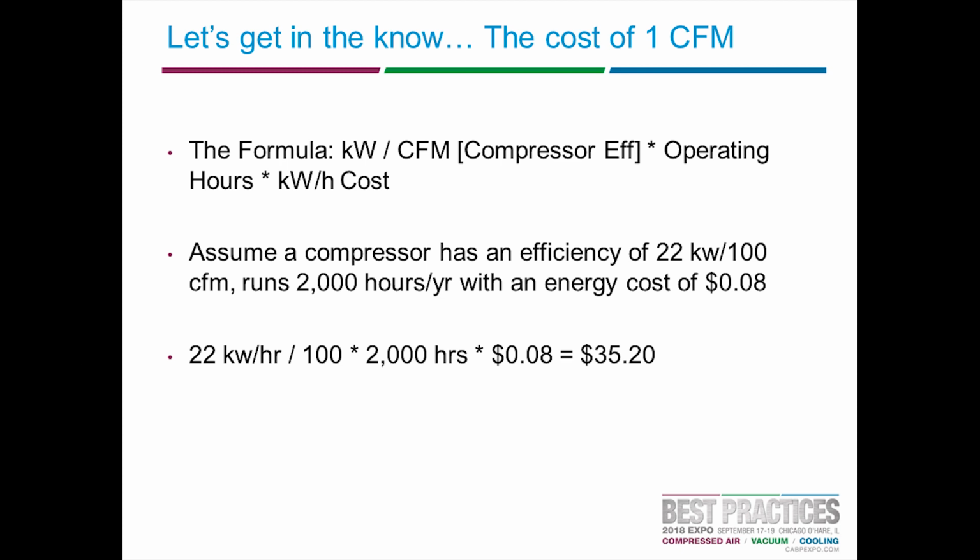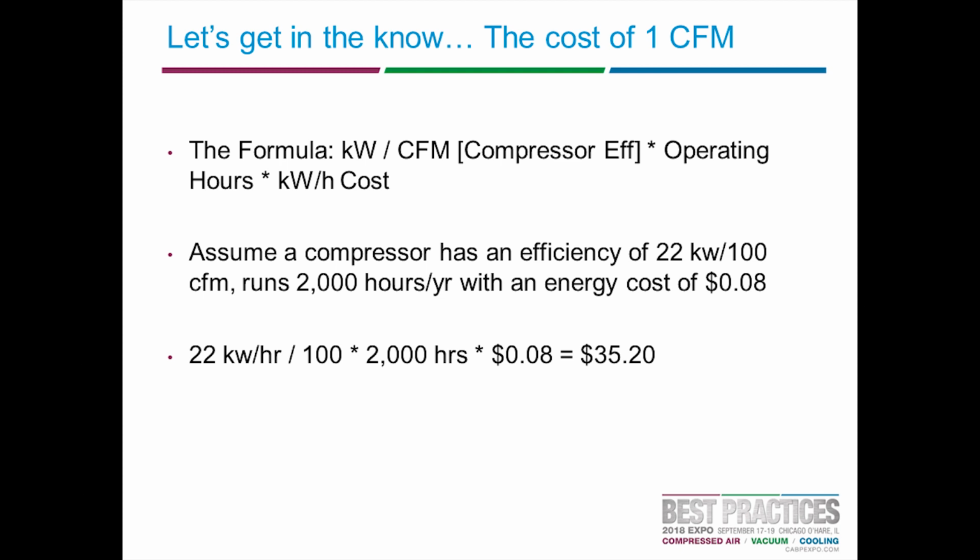If we take that efficiency number, which typically in a smaller system would range between 21 and 24 kilowatts per 100 CFM, and multiply it by the operating hours, multiply it by the cost of your energy, including taxes, we come out with something that looks like this: 22 kilowatts divided by 100 CFM, multiply it by 2,000 hours, multiply it by 8 cents.